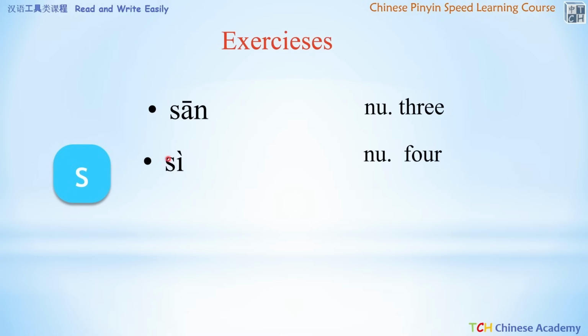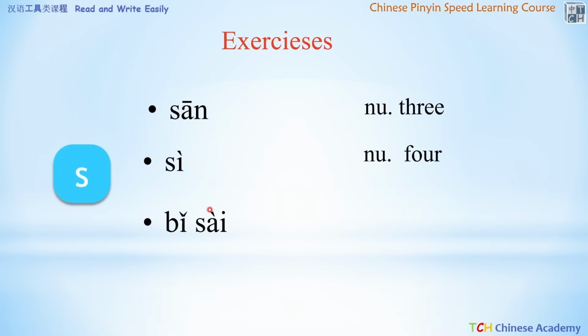And this one we have learned, bi, third tone, 比. And this one 赛, ai is the final, together pronounced ai, and the fourth tone, falling down.